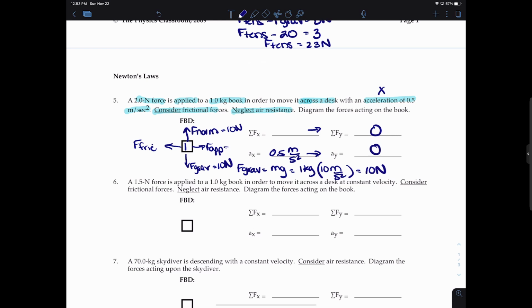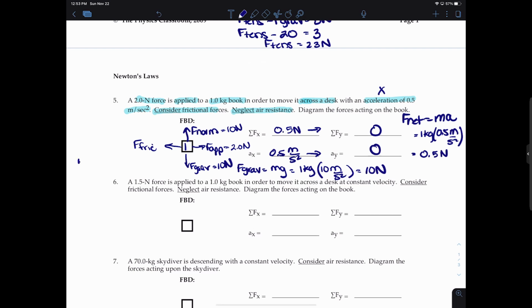I neglected to write that the applied force was 2.0 newtons, but I can include that now. So the net force is equal to mass times acceleration. Mass is 1 kilogram, acceleration is 0.5 meters per second squared. So we've got 0.5 newtons to the right.